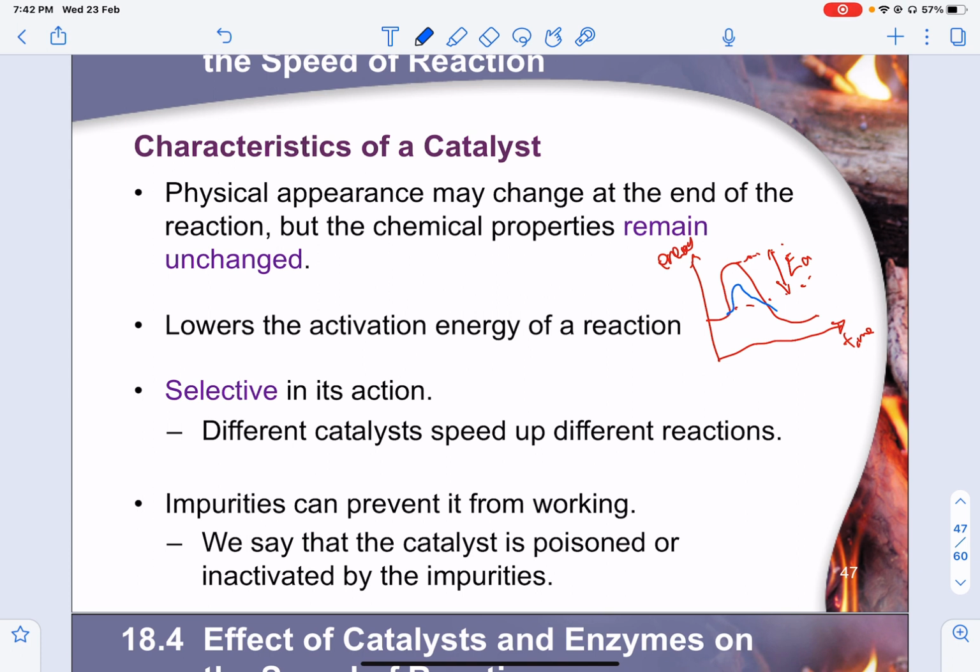So this will help to speed up the reaction as it lowers the activation energy of the reaction. It tends to be selective in its action, and different catalysts speed up different reactions. Next thing is that impurities can also prevent it from working. So we say that the catalyst is either poisoned or inactivated by the impurities.